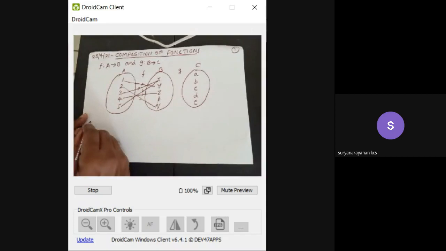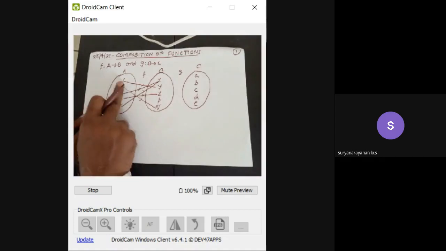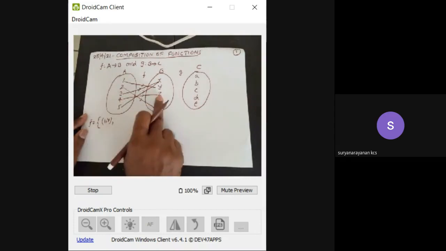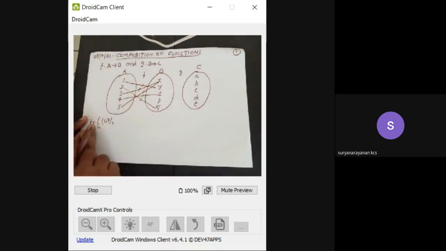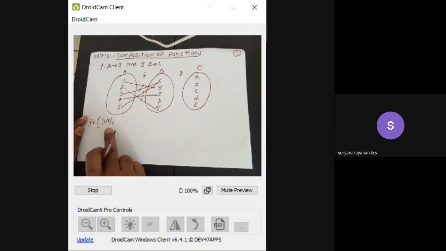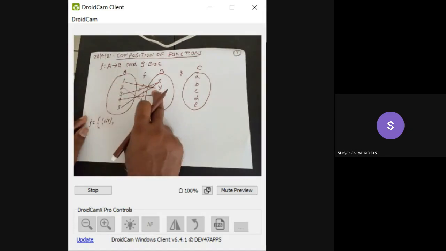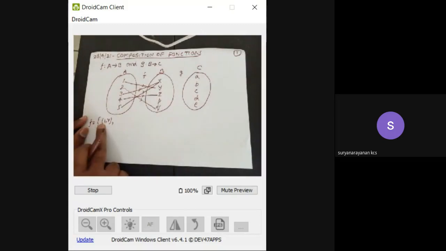Okay, my children. So we write this function in the form of ordered pairs. Can you tell me how do you write this function in the form of a set of ordered pairs? We can represent the description of this function in roster form, a set of ordered pairs. 1 is associated with y, so ordered pair (1, y).